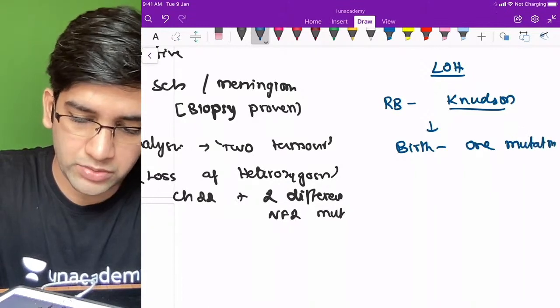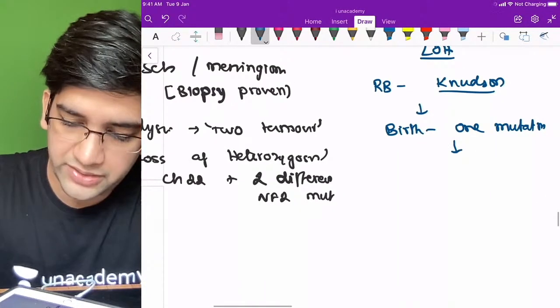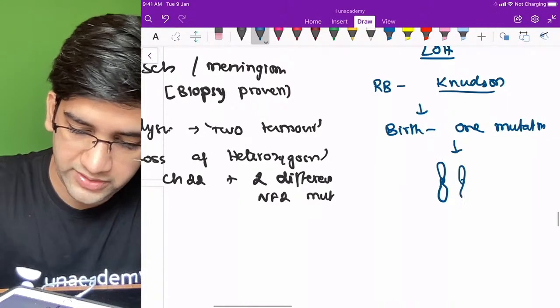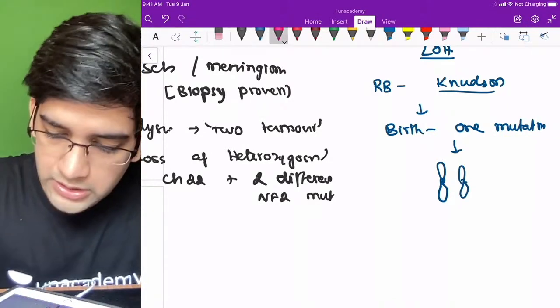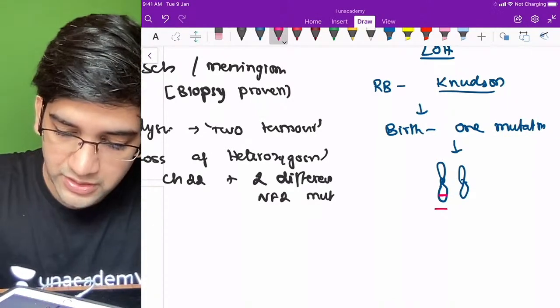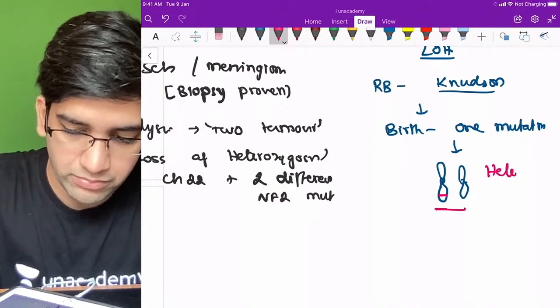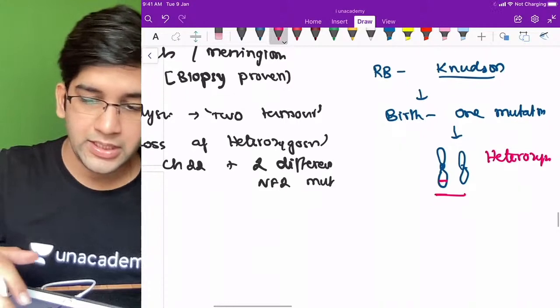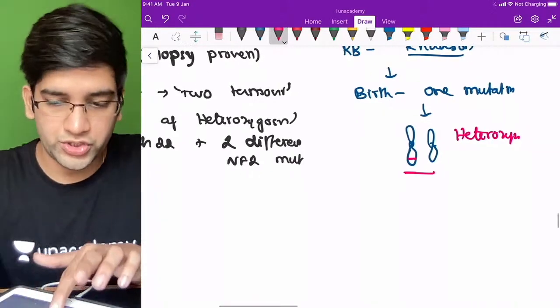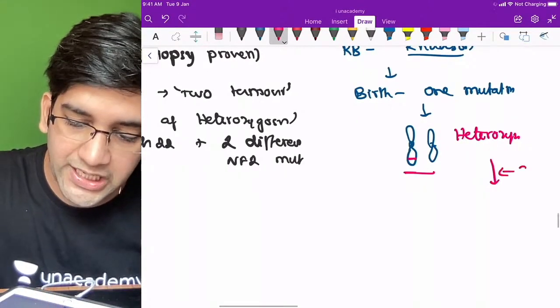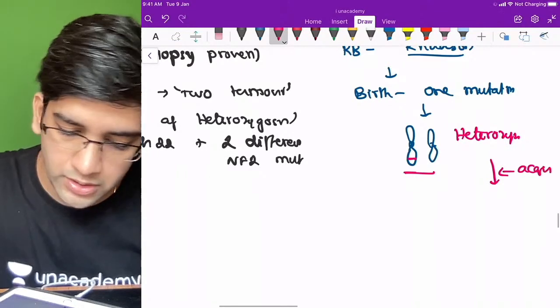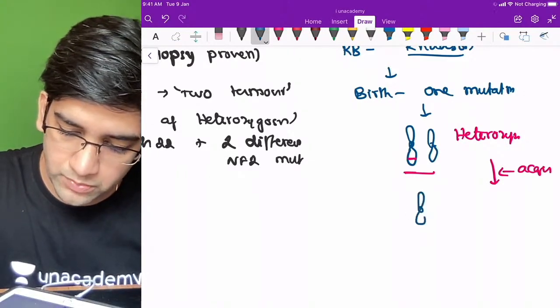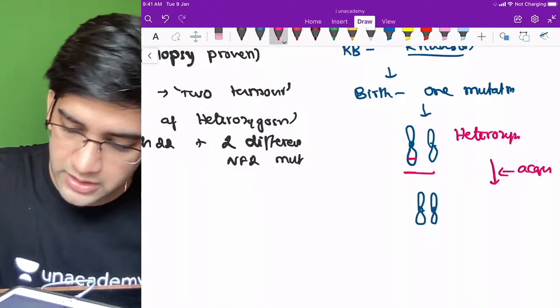So at birth, if I take my retinoblastoma, let's take these are my 2 chromosomes of retinoblastoma, one is gone, which means here it's already heterozygous at birth. They're not homozygous. At birth still they're heterozygous. When I say this heterozygosity is lost, which means when I have a second acquired mutation, I'm right in saying that both of them become mutated, right?